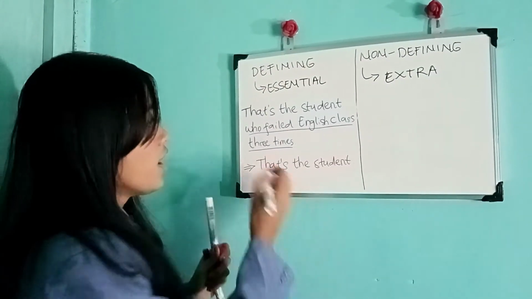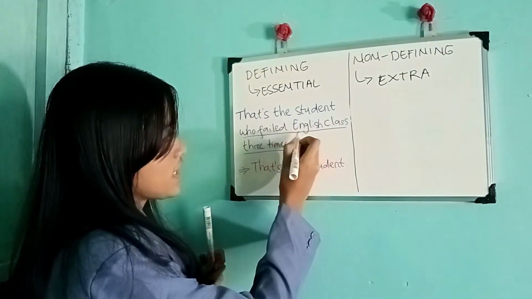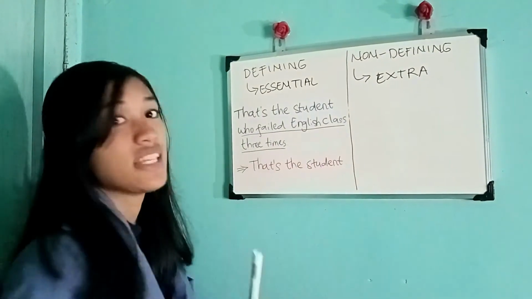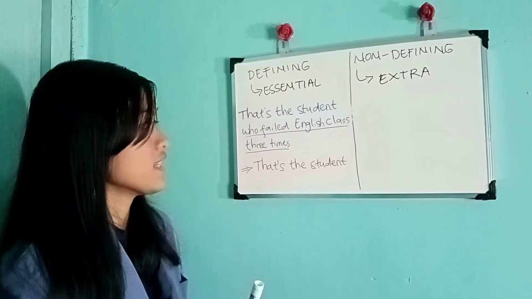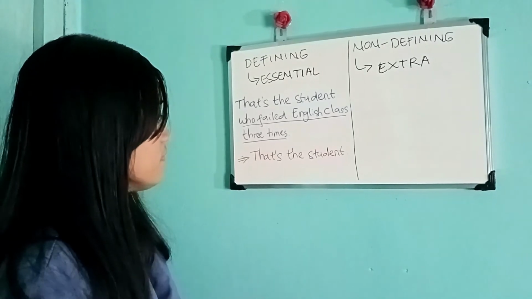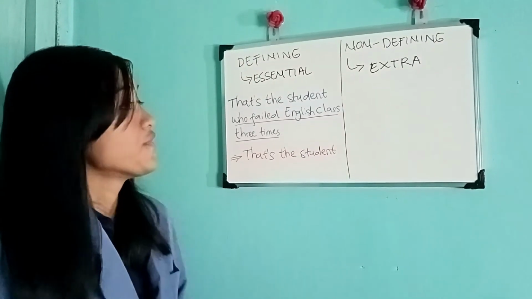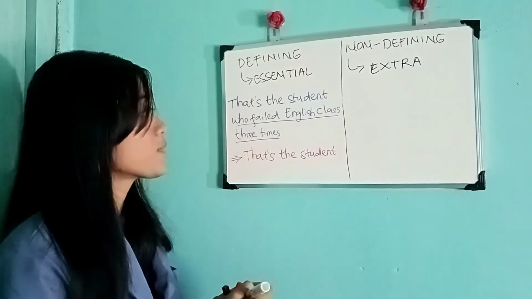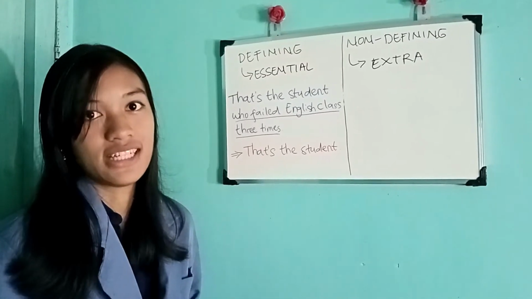Therefore, the relative clause who failed English class 3 times is essential information to the sentence because it defines which student specifically we are talking about.